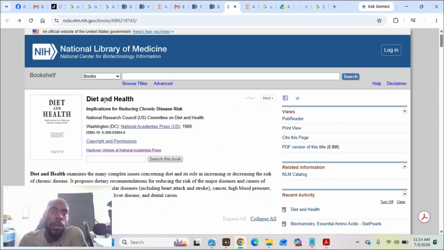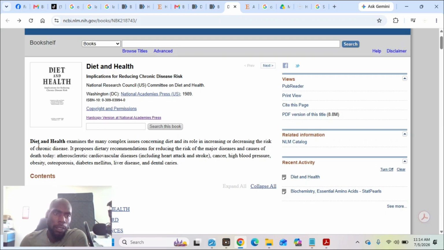All right, so now we're still in the National Library of Medicine. Now we're going to be reading from this medical publication. I like this book. This is a really good book. Introduction. Diet and Health examines the many complex issues concerning diet and its role in increasing or decreasing the risk of chronic disease.